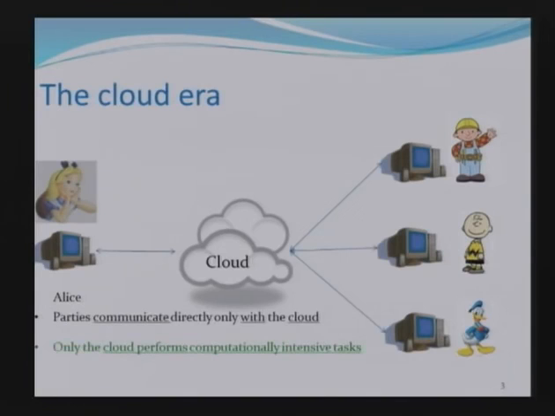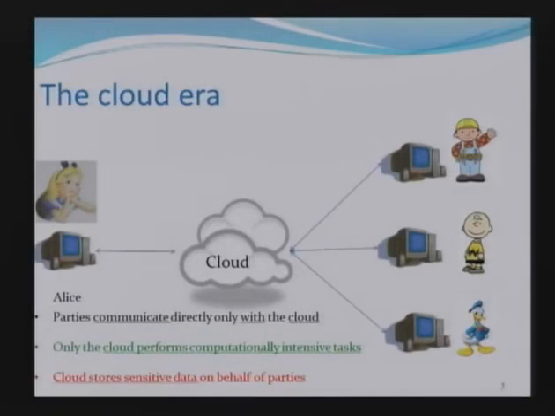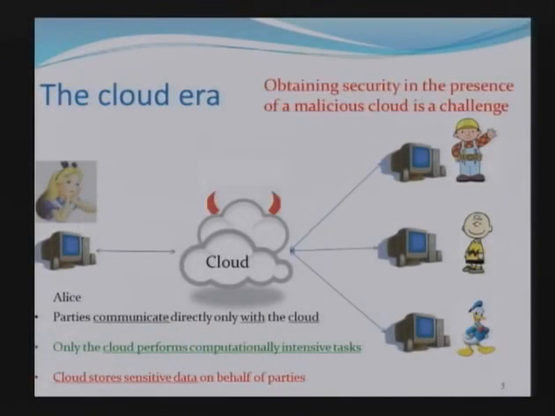And then, since the cloud is a powerful server, why not ensure that only the cloud performs computationally intensive tasks? And thirdly, the cloud is the one storing all the sensitive data on behalf of all the parties. Okay? So all this is great, except that now obtaining security in the presence of a cloud that we do not trust is a fundamental cryptographic challenge.